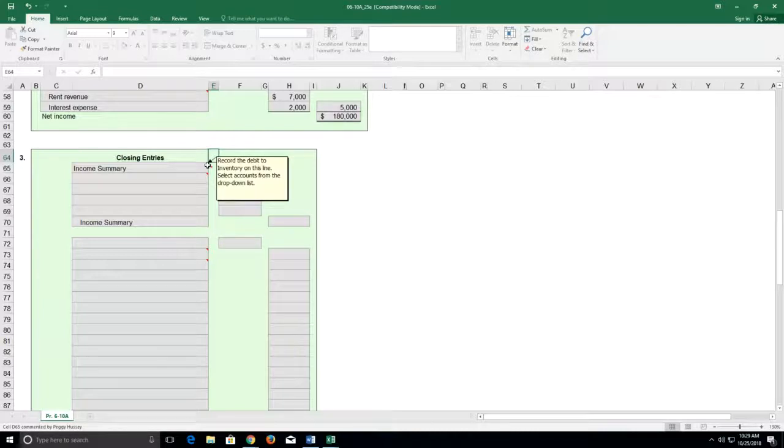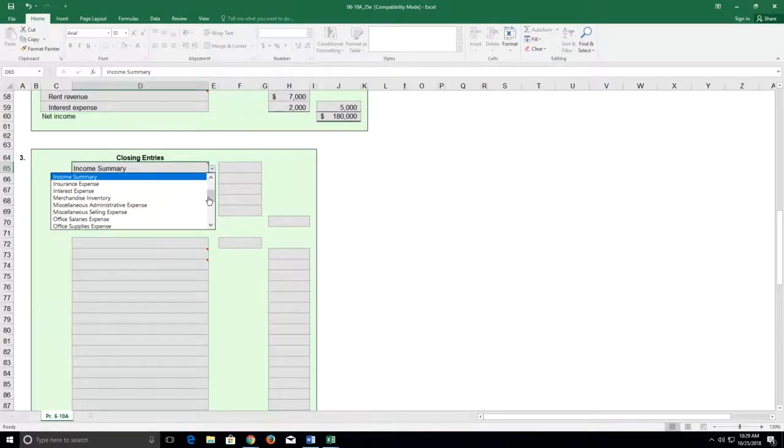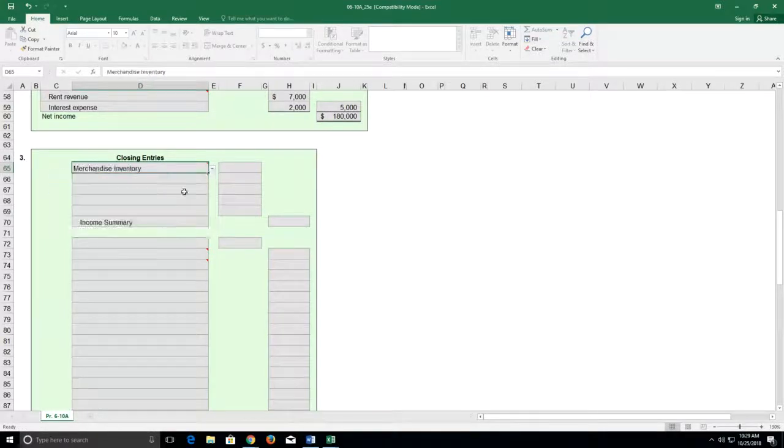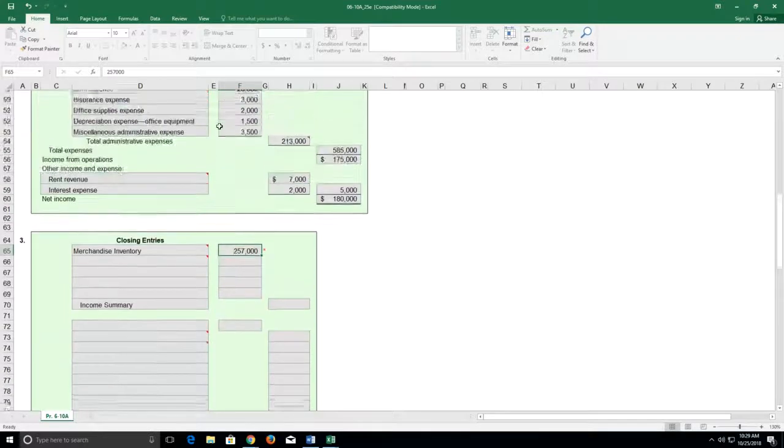So we want to record the debit to the inventory on this line. Select accounts from the drop-down list. So our merchandise inventory was 7,000. Oh, let's go back up and find it.